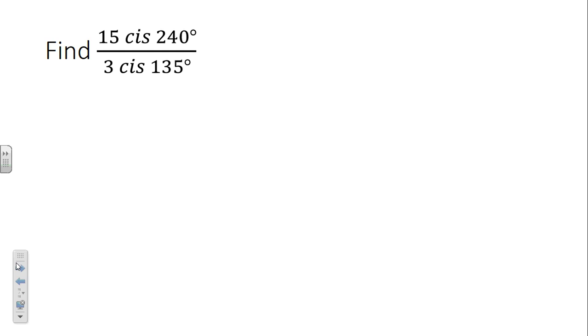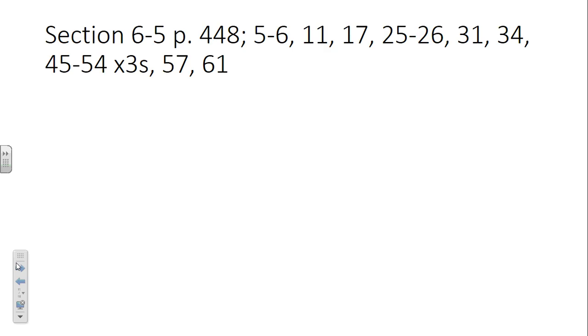Divide our r's and subtract our thetas. 240 minus 135 is 105, right? Easy peasy. It's going to make life easier tomorrow, knowing how to do these. We'll spend one more day on this tomorrow. Questions on this one? All right, assignment.